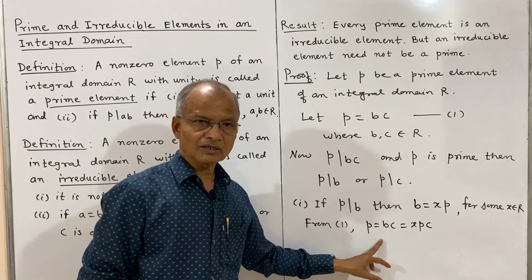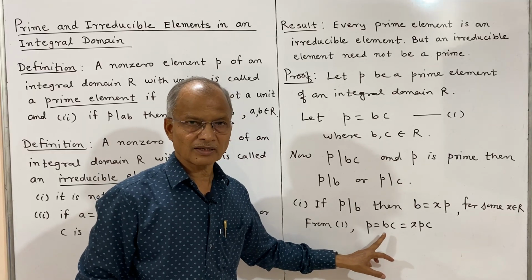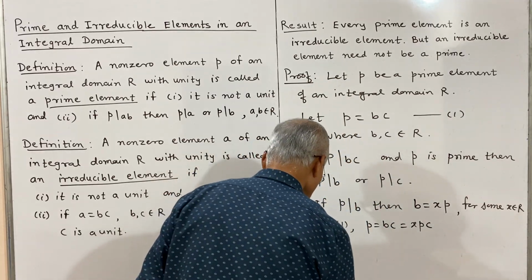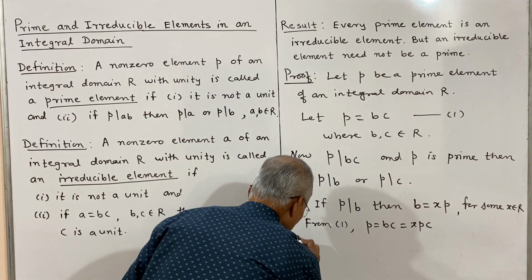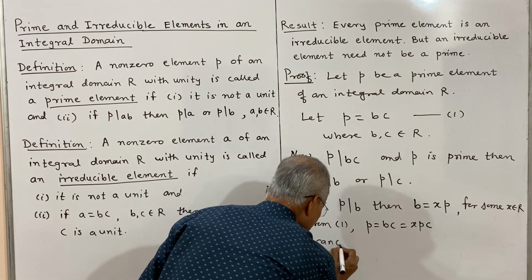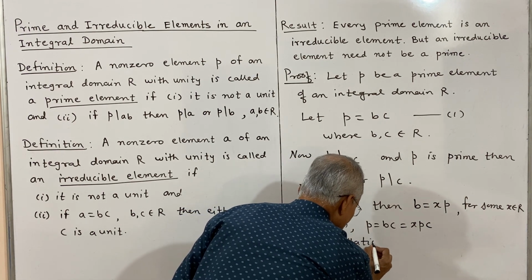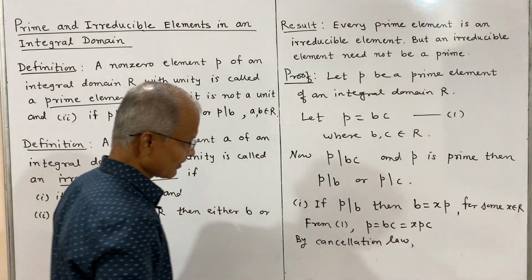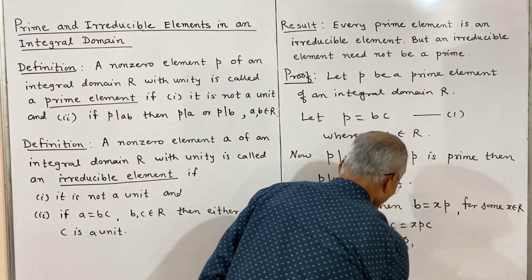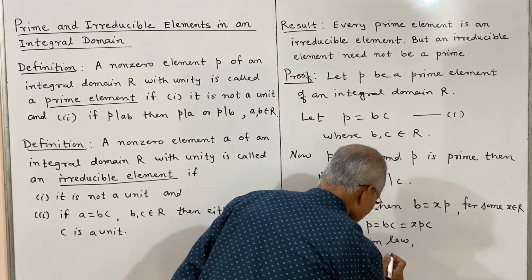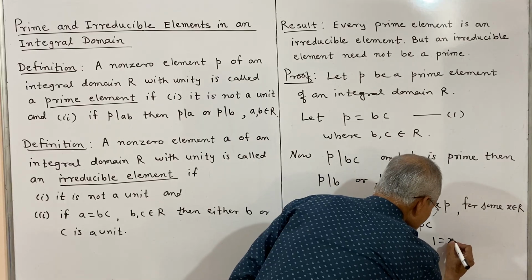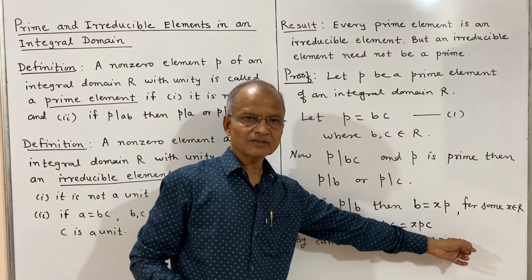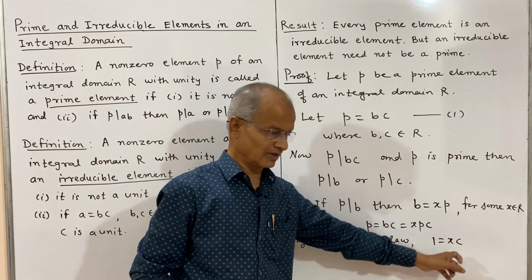Now from this relation, because it is an integral domain, the cancellation law holds and we can cancel P. So cancelling P, by cancellation law, what we shall get is 1 is equal to x into C. And what this says is x is a unit, C is a unit.